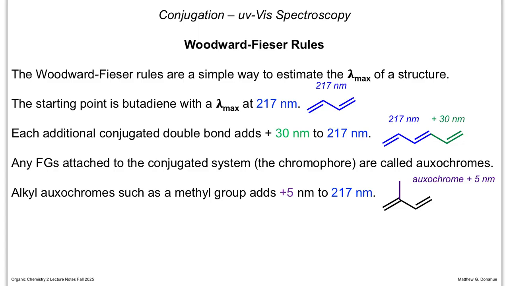On average, any subsequent alkene you add is going to be worth plus 30 nanometers. So just keep imagining you're adding alkenes plus 30 at a time to the base value of 217. So again, that conjugated system, that was the chromophore.